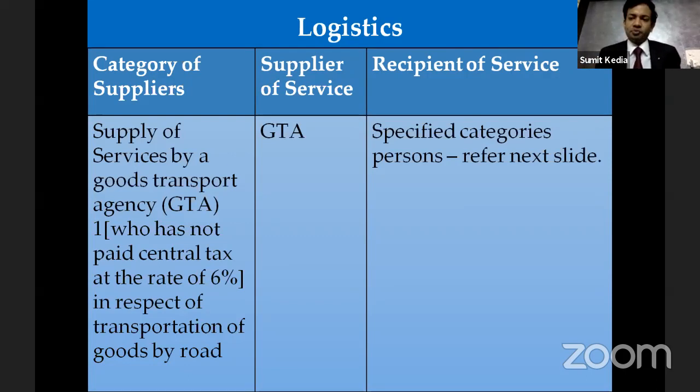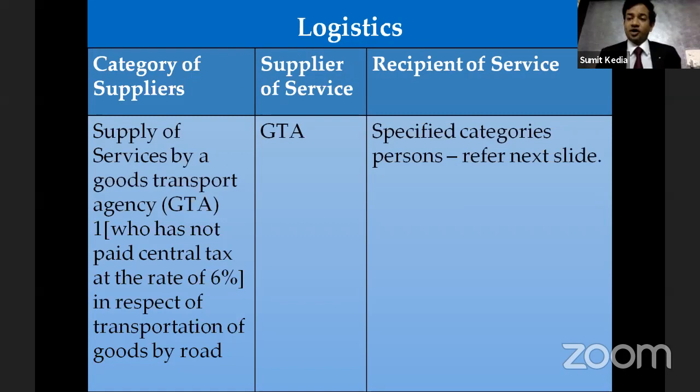So here one important point to be noted is a GTA has two options. If I'm not wrong, on 22nd August 2017, there was a notification in which they said a transporter can pay GST at the rate of 12%. So basically, a transporter has two options.